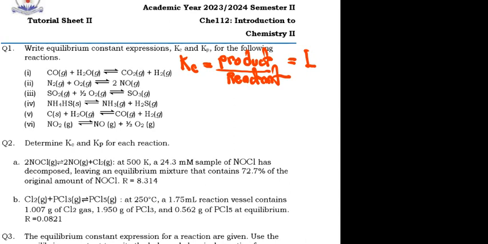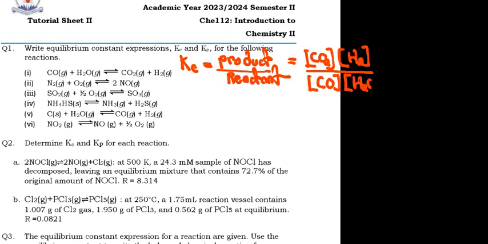On the side of the products, we've got the concentration of carbon dioxide and the concentration of hydrogen, and then you divide by the reactants. On the side of the reactants, you've got the concentration of carbon monoxide and the concentration of water.